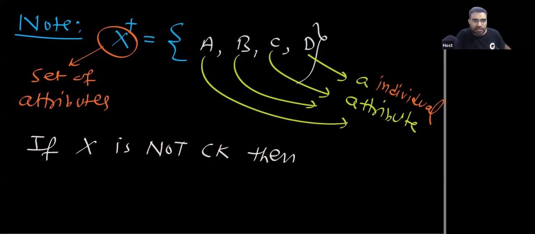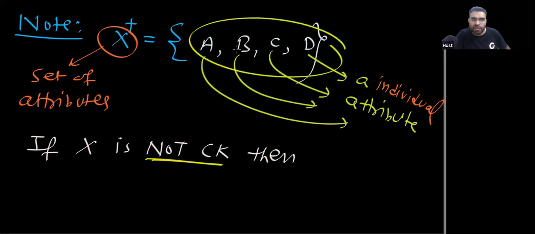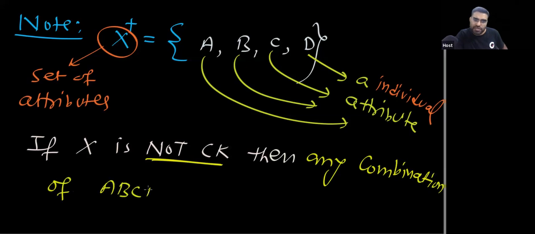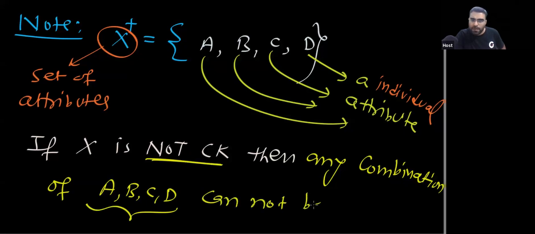If X is not a candidate key, then any combination of ABCD cannot be a candidate key, right? Yes or no? Is this simple? Then any combination of ABCD cannot be a candidate key.